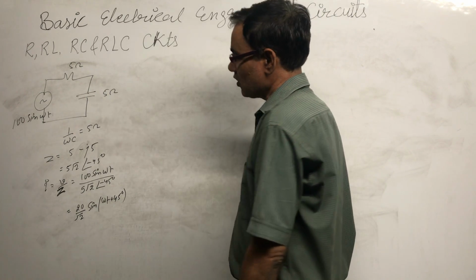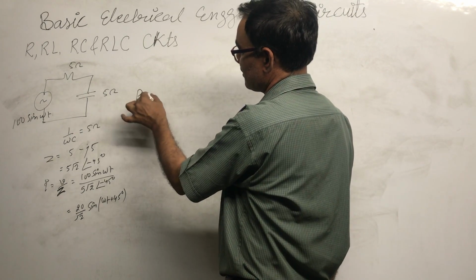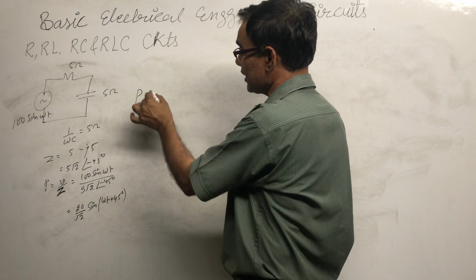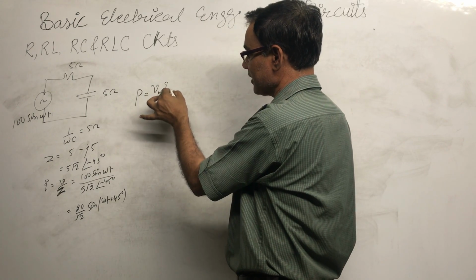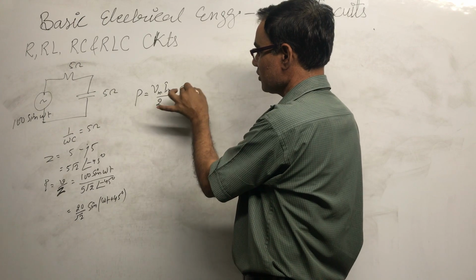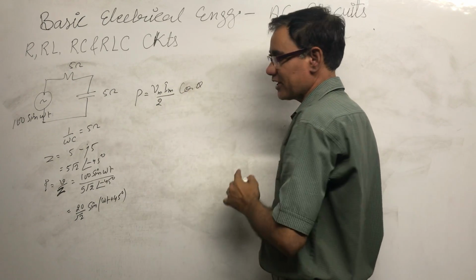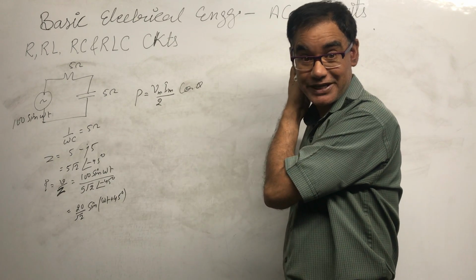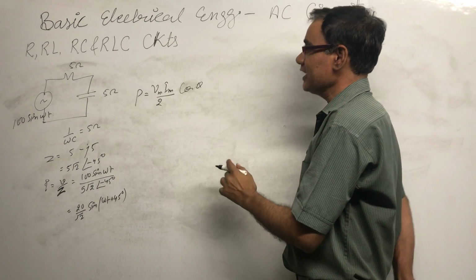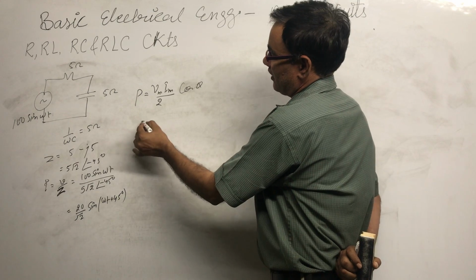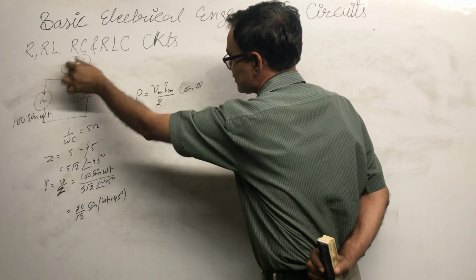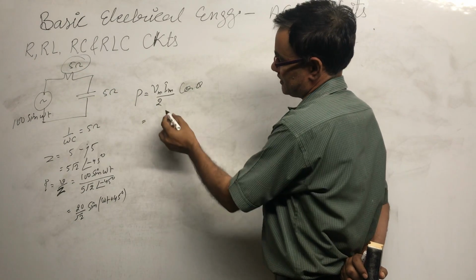Okay. So we want to find out the real power. That is Vmax Imax by 2 cos theta, not omega t, cos of theta. Theta is the resistive component with respect to total impedance.